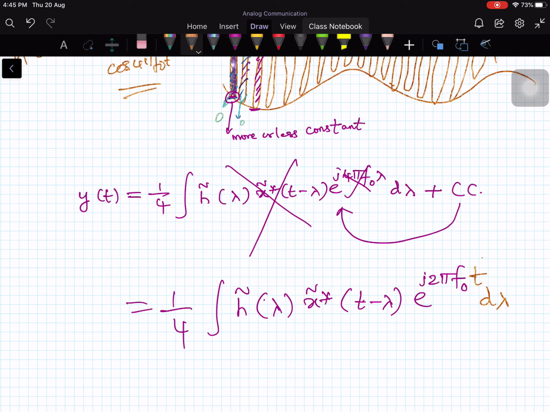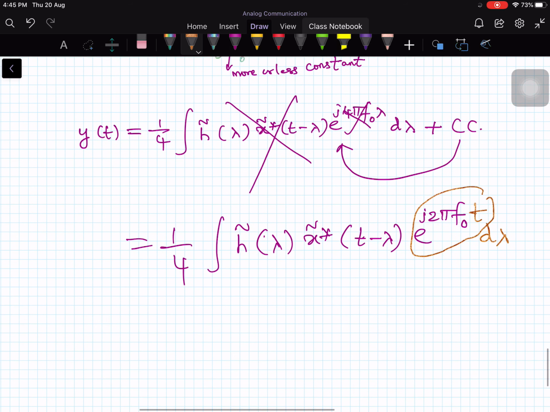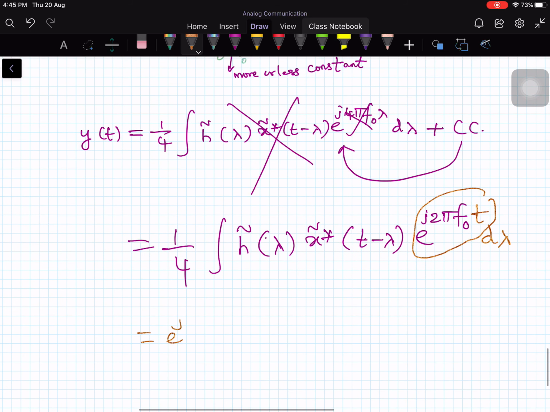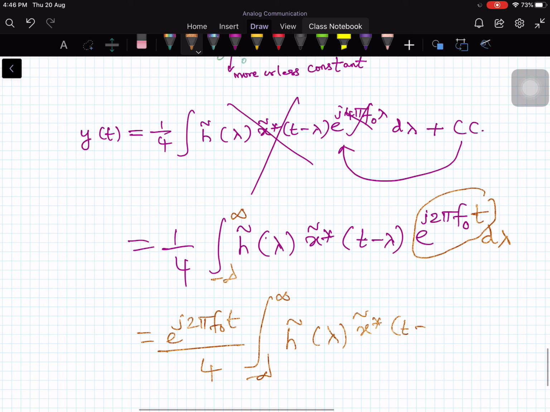So this is a constant term with respect to integration. You can pull it out of the integral. e to the j 2 pi f naught t divided by 4 integral of h tilde of lambda times x conjugate tilde of t minus lambda d lambda.